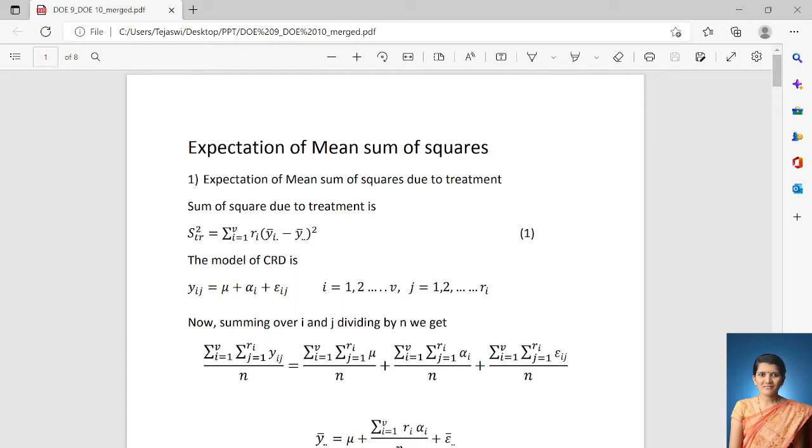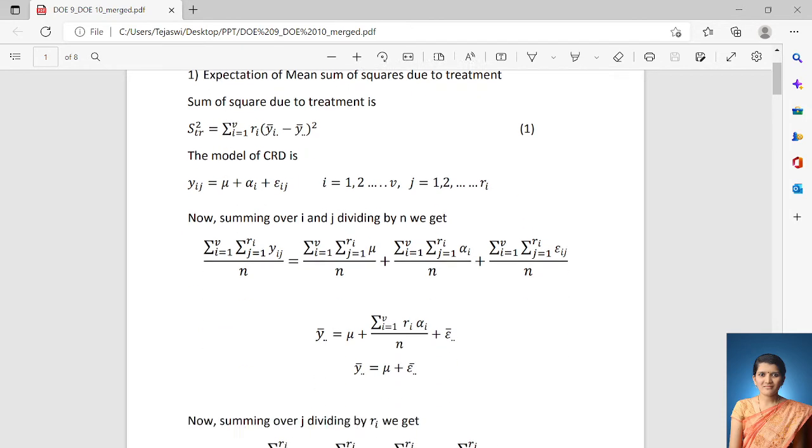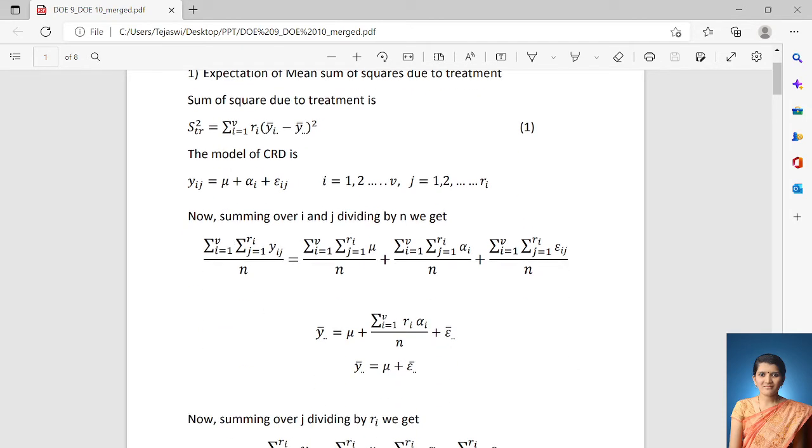So first, summing over i and j and dividing by n, we get the term y double dot bar. Applying this to the whole mathematical model, finally we get y double dot bar equals mu, because the double summation of mu is converted into n and gets cancelled, then only mu remains.